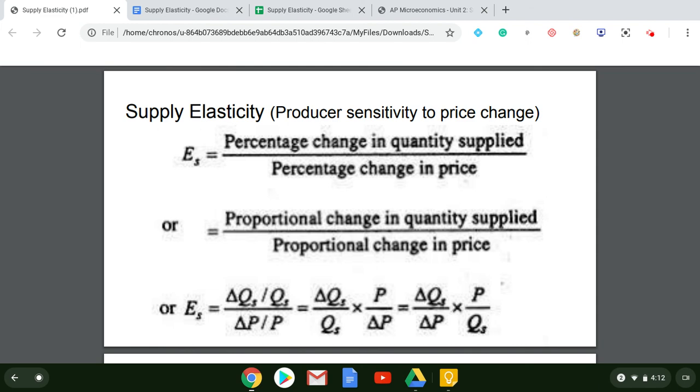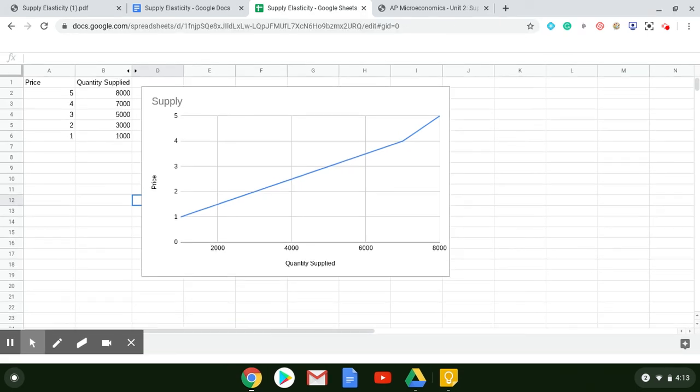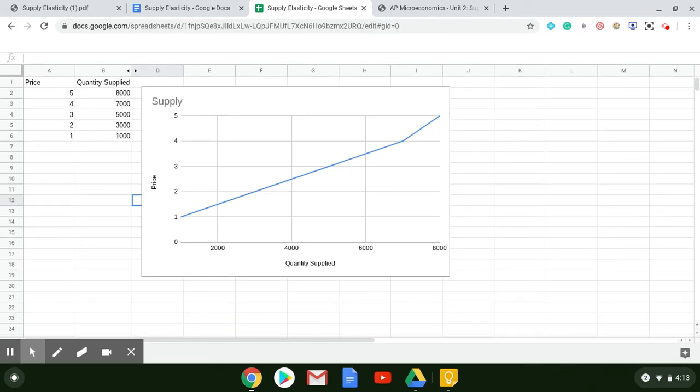Okay. So I also made this example here. Once it loads, okay. We've got some prices here, some quantity supplied. I've used that to make a graph.